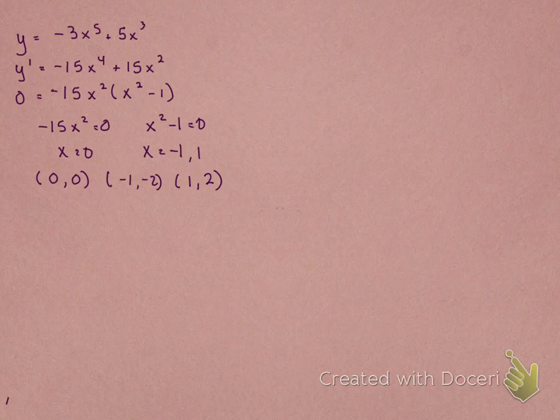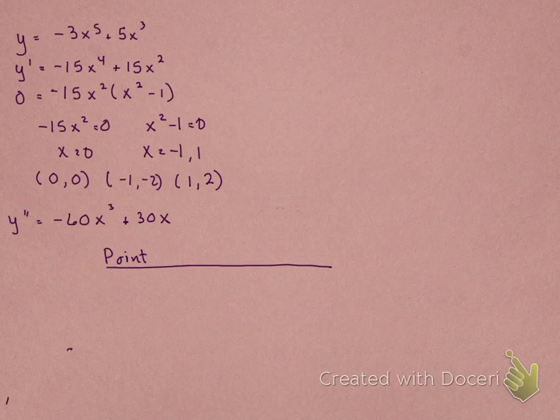Now we will continue on finding the second derivative, which is going to be -60x cubed plus 30x. Okay, so then we can make our table. Table's a little bit different. It doesn't have intervals in it.